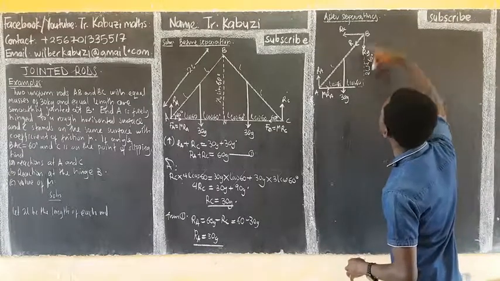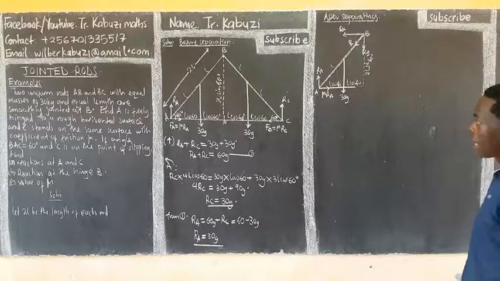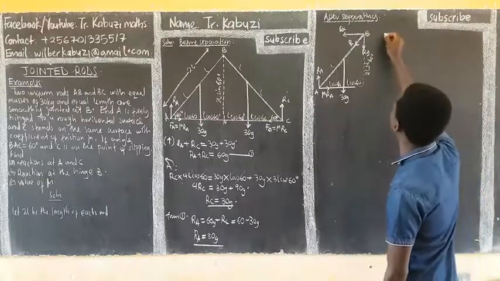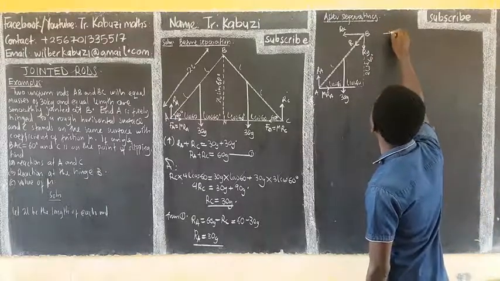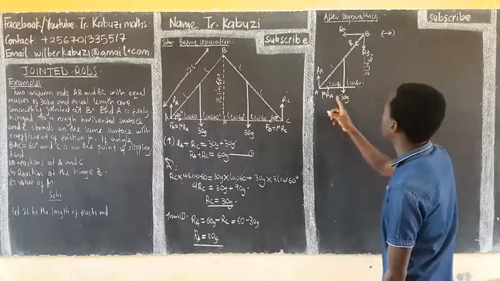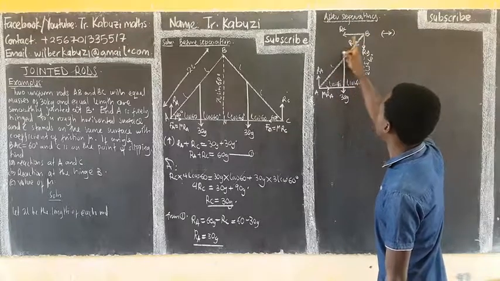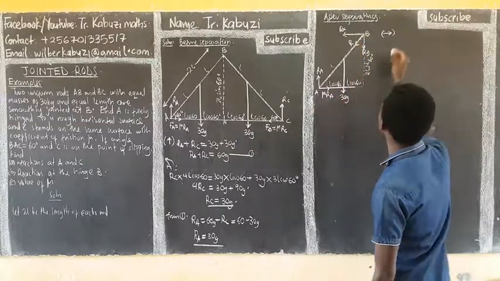Now, after doing that, we resolve horizontally and vertically. Resolving horizontally, we have this diagram. Horizontally, we have Rx equal to this. This one is going this side and this one is going that side. So let me start with mu Ra is equal to this one going the other side, which is Rx.